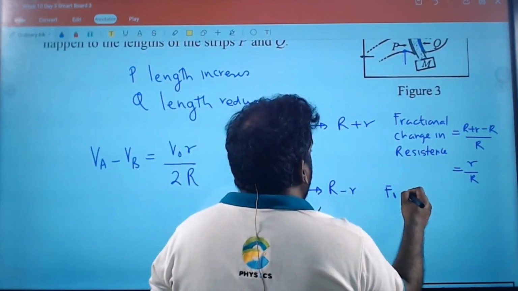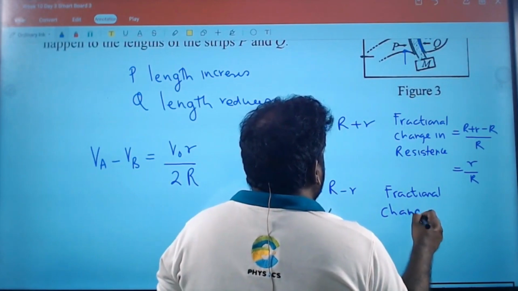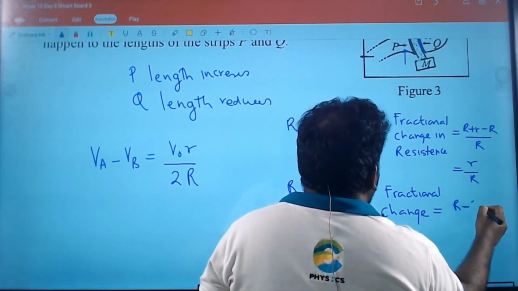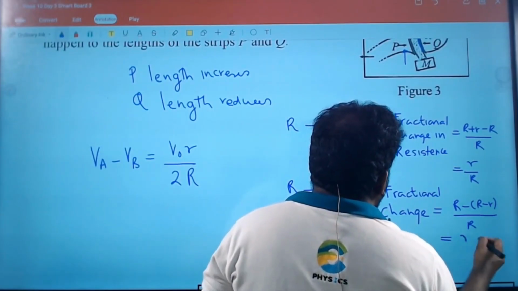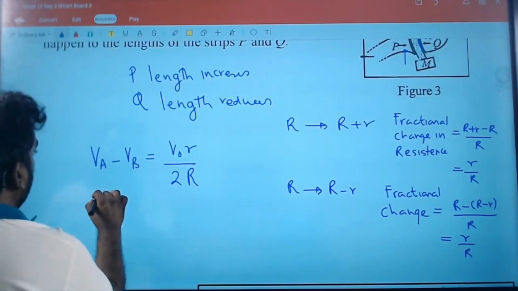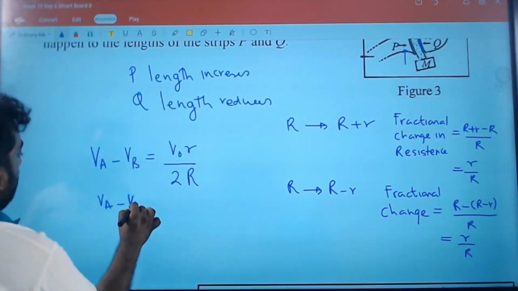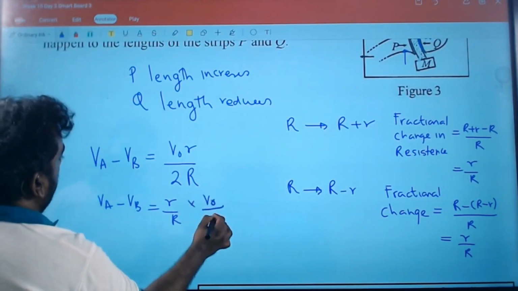What is your fractional change? Again ΔR over R. So ΔR over R, V naught divided by 2, right?